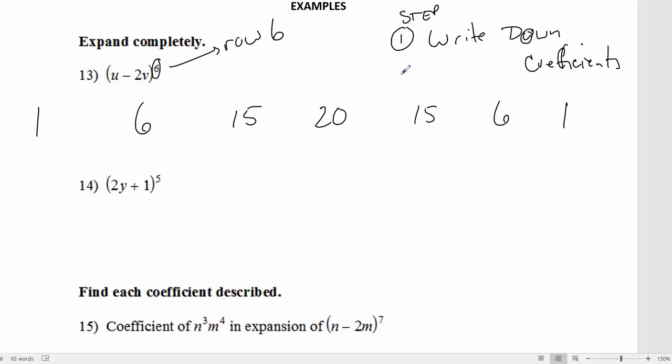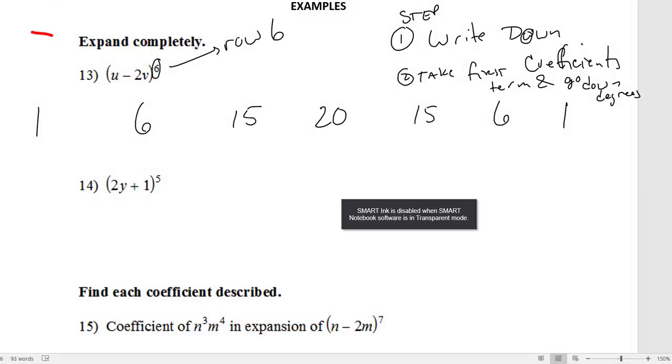So then step 2 is, I'm going to take the first term and go down degrees. Okay, what I mean by that is this. So let's choose a different color here. All right. So let's go down. What I mean by down is this.